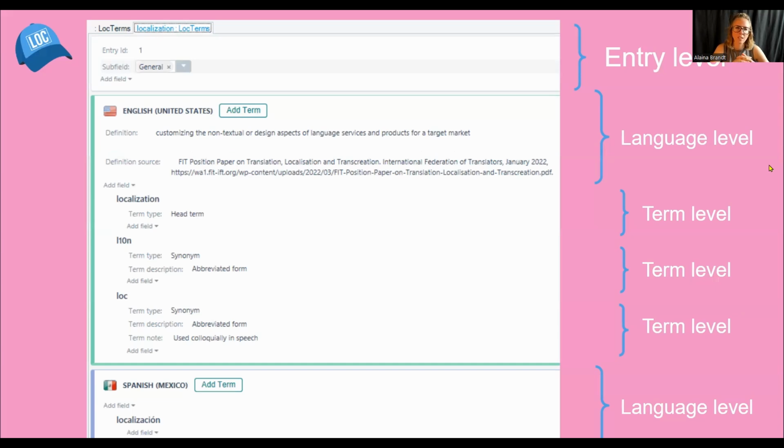Translators and writers are suddenly going to start wondering, should I be using an uppercase every single time? Is this like some rule that the company or organization has that I should be following?